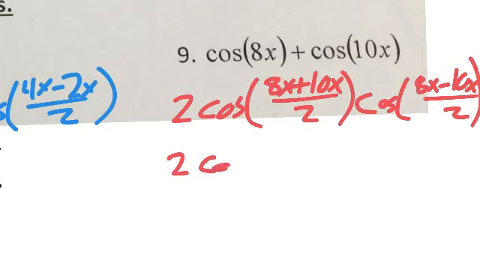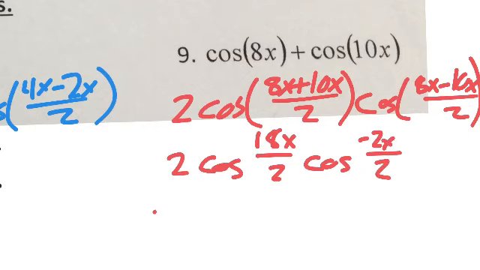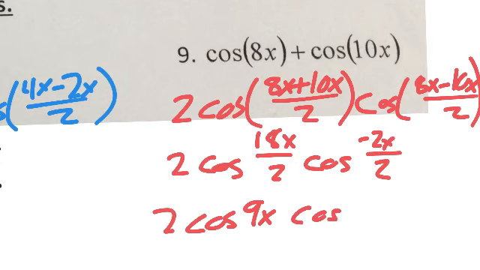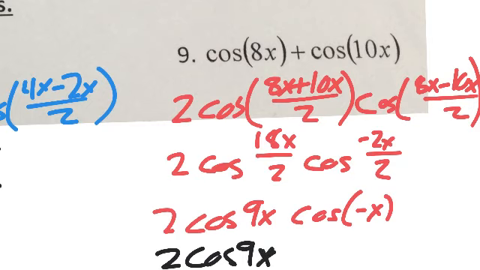So this is 2 cosine 18x over 2 cosine negative 2x over 2. So that's cosine of 9x times cosine of negative x. But when I have a negative inside cosine, I can just drop it. So that's just cosine x.